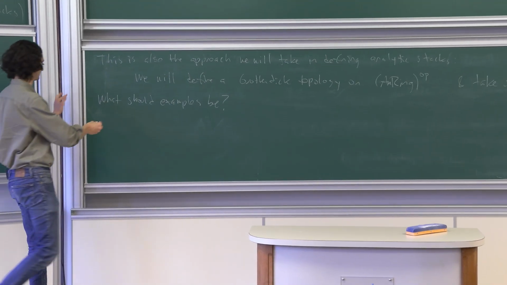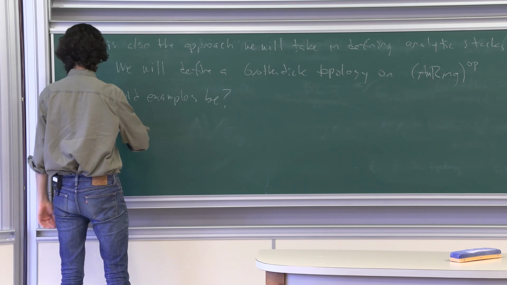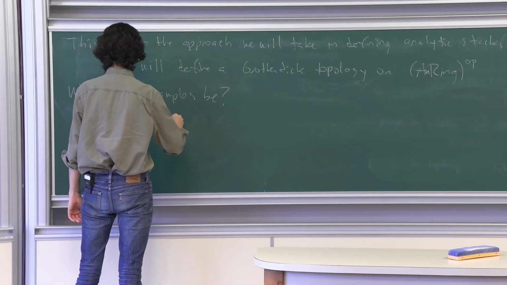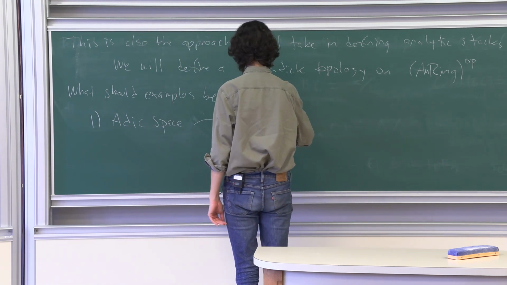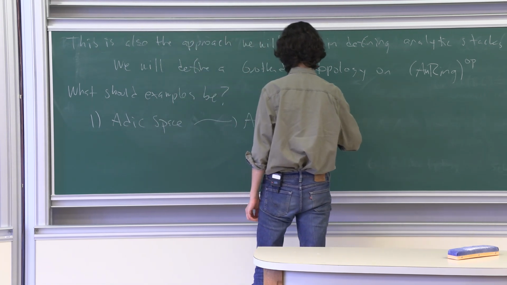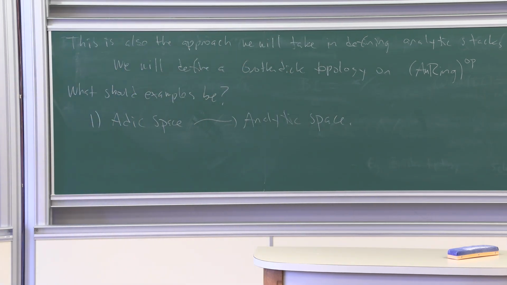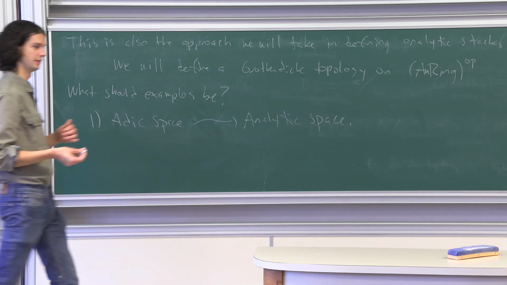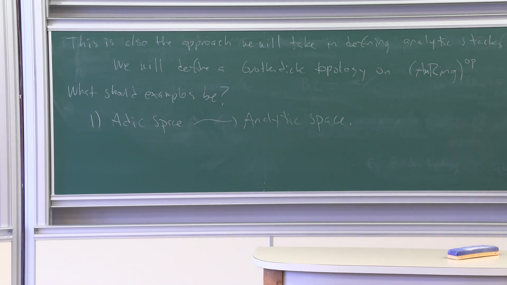In some sense, we've already seen some. We certainly want that any adic space, in the sense of Huber, should give rise to an analytic space. We already explained how the basic ingredient in adic spaces, these Huber pairs (R, R+), give rise to analytic rings.